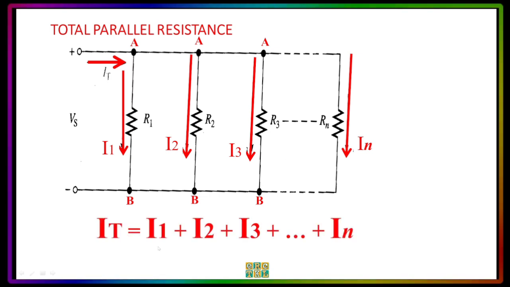So we can have a general formula of IT equals I1 plus I2 plus I3 and so on, up to any number of resistors, or IN.